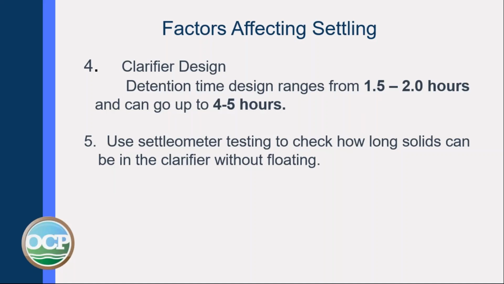Typical detention time in primary clarifiers range from 1 to 2 hours detention time, but can go up as high as 4 or 5 hours. You can use a settleometer to test your influent to check how long the solids take to settle and how long the solids can be in the clarifier without floating.